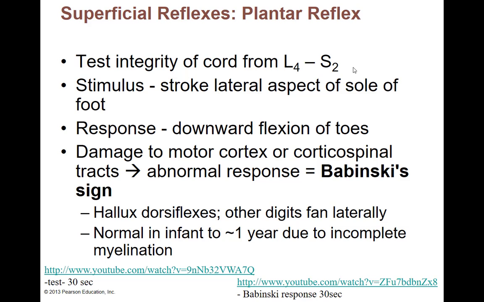Should. Now, if you have damage somewhere between your nerves that are coming out of the fourth lumbar vertebra to the second sacral nerve, that's your L4 to S2, if they don't curl in, a lot of times what they'll do is curve out or fan out. Your toes are normally just straight. They'll fan out. It's called a Babinski's sign. So your big toe may curl in, but all the other digits fan out.